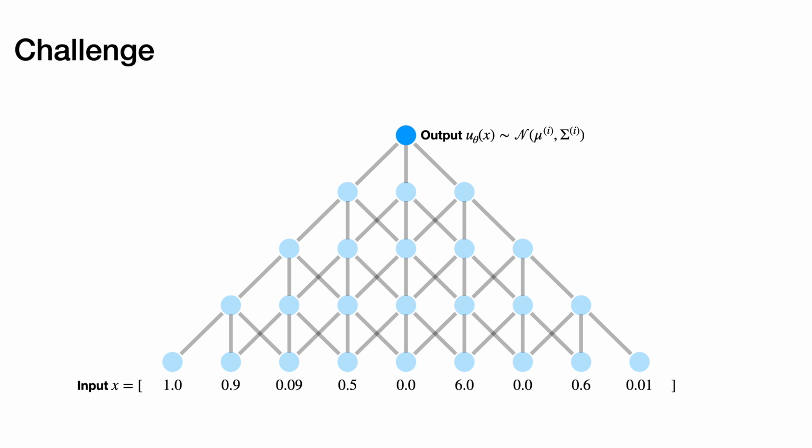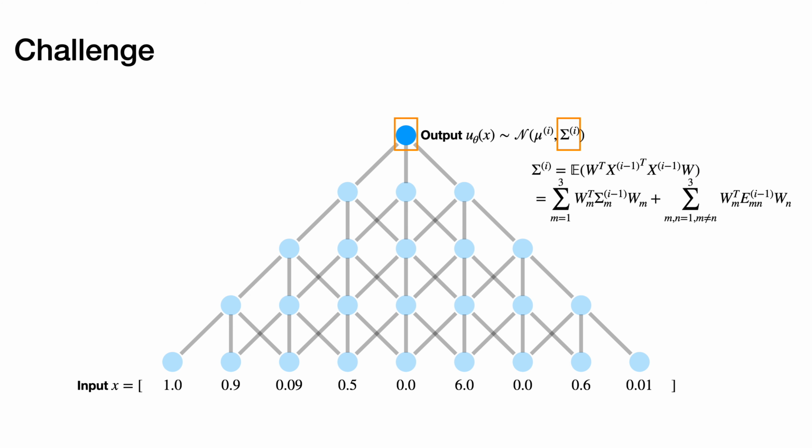So, what's the challenge of tracking the distribution exactly? Well, in the last layer, we want to have the distribution of u theta of x, so we will need to compute the sigma i. When expanding this equation in the second last layer, as shown here, it will require 3 covariance matrices, sigma, and 3 cross-correlation terms, E, highlighted in blue and red.